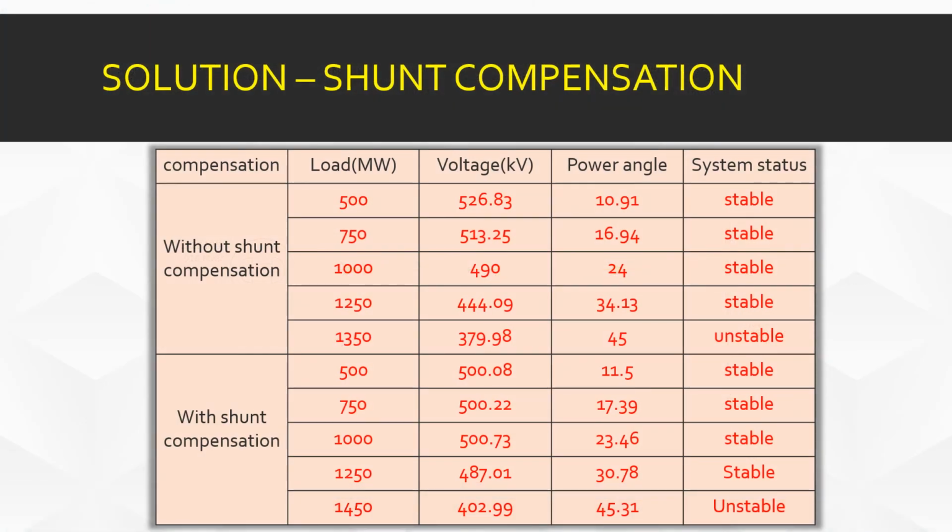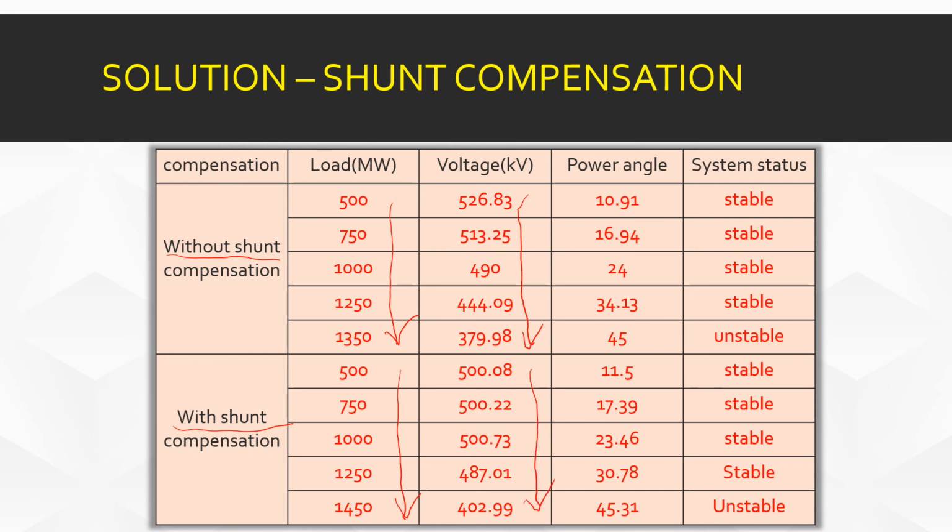This table shows the solution of shunt compensation. Again, as with the series compensation, we can divide the table into two parts: without shunt compensation and with shunt compensation. For the increasing load in both cases, we can see the voltage is decreasing.